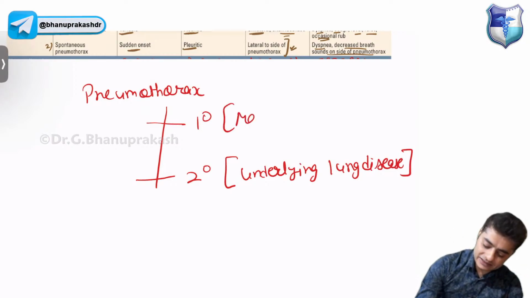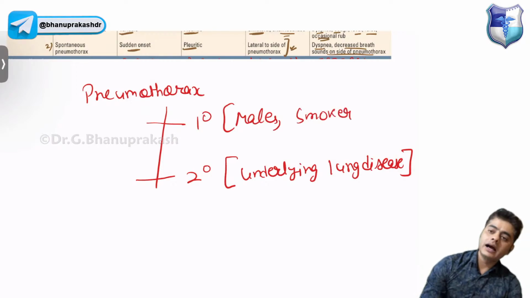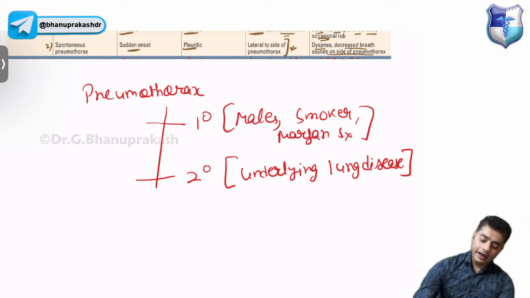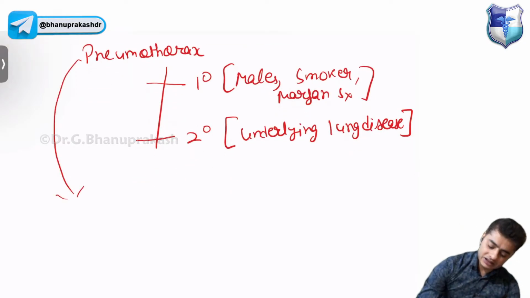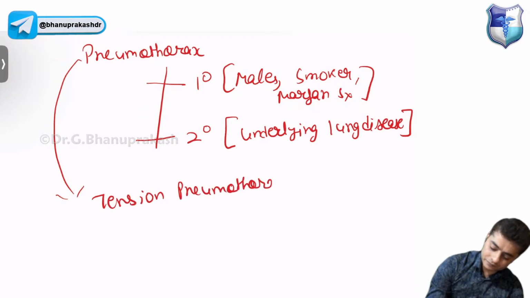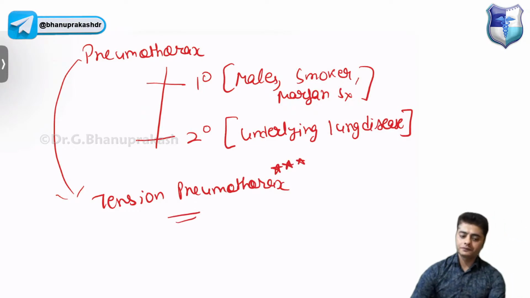Primary is in males, smokers, and any patient with Marfan syndrome. And in pneumothorax, the emergency is tension pneumothorax.